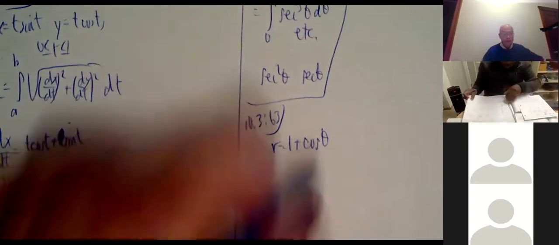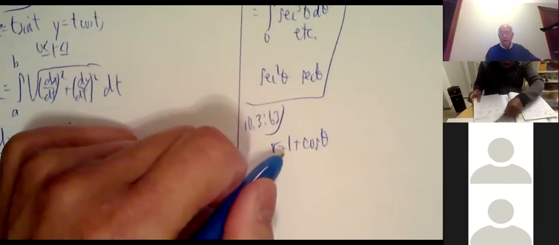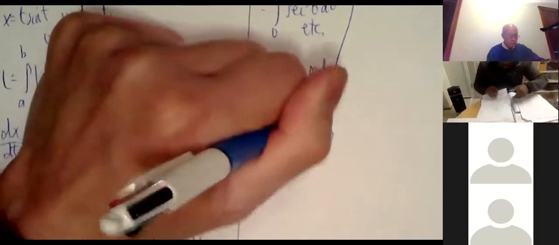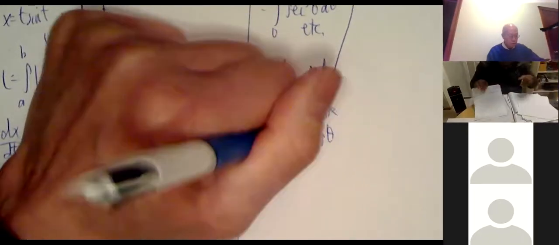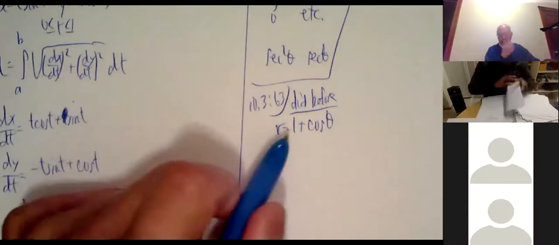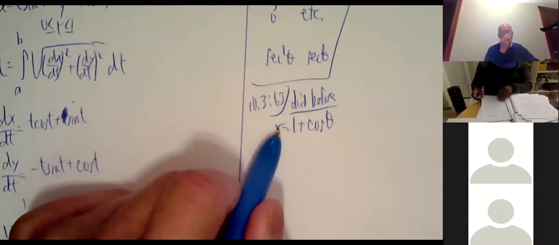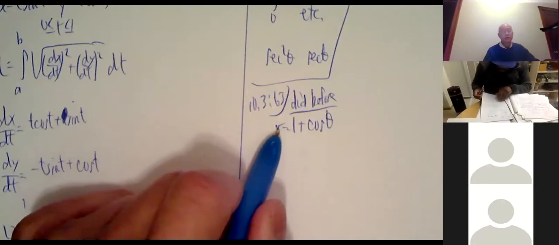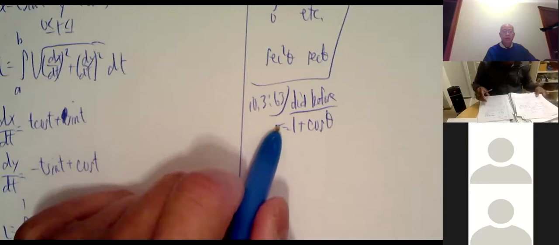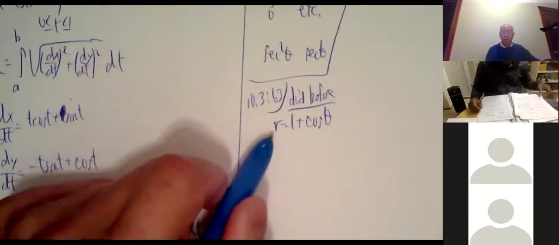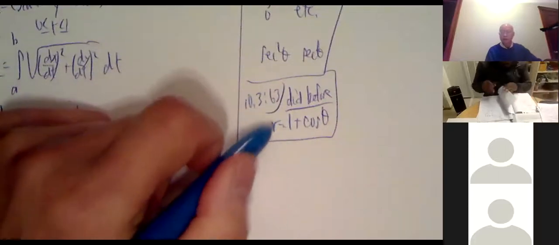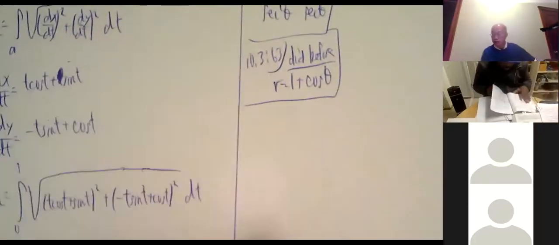Yeah, I'm afraid I'm going to have to say we did that, so look back in your notes for that. That one did have some issues for vertical and horizontal tangents. Remember, to have a vertical tangent, the denominator is 0 while the numerator is non-zero. And for a horizontal tangent, the other way around: the top is 0, but the bottom isn't. It's going to take me too long, unfortunately, to go over that. So we did it. Look back in your notes. I'm pretty sure we covered that earlier.